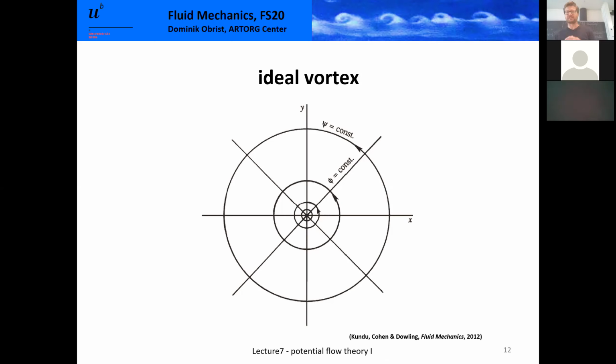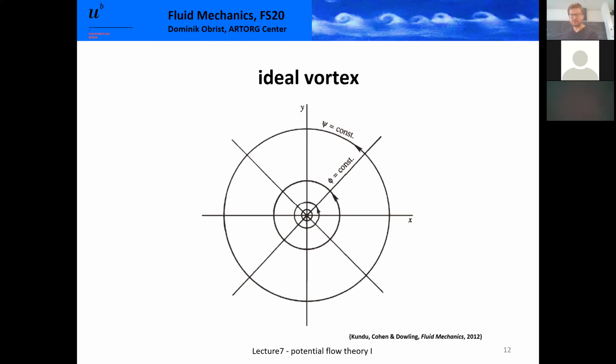So the circles you see on this slide are streamlines, so it has circular streamlines. But the velocity was decaying like 1 over r, r being the radius. The farther away we go from the radius, the more the velocity decays. If you go infinitely far away, you have a zero velocity. If you go to the center, you have a singularity actually. So mathematically speaking, the center of this flow is not an exact flow, or it's not a solution.